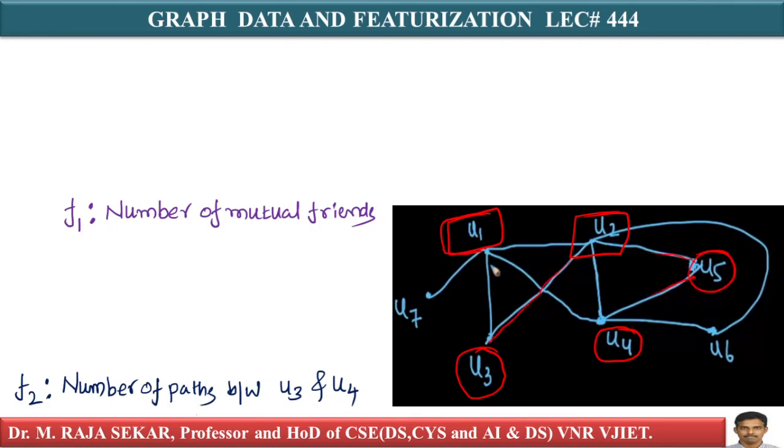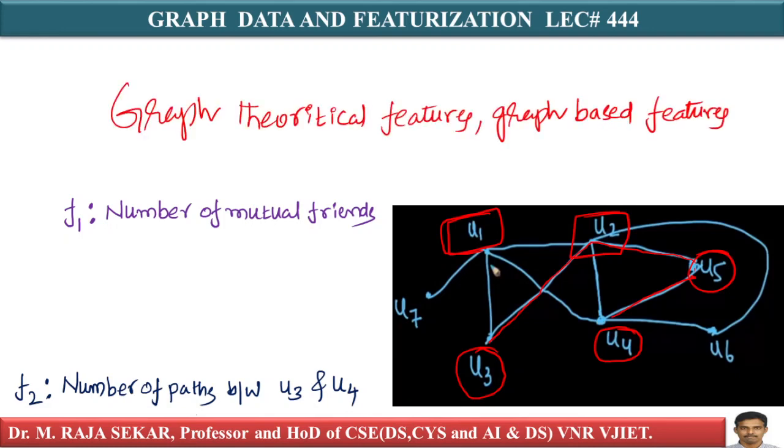If there are more paths, then there is a higher chance of both of them being friends. So you can design features like this, which are called graph theoretical features, or graph based features.